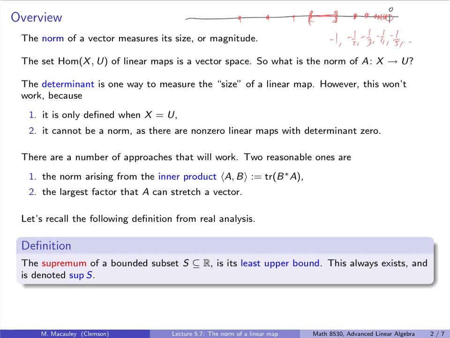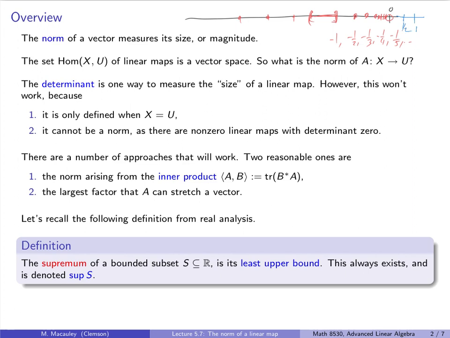This is not going to contain a largest element, but what it does contain is a least upper bound, which is called the supremum. So it's going to have many upper bounds. Like 1 is an upper bound of the set. So is 1/2.